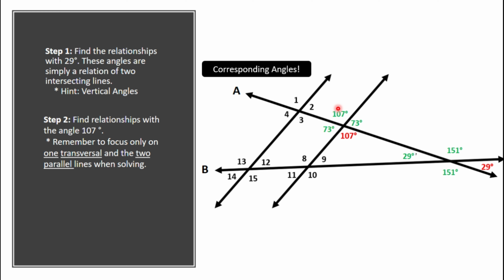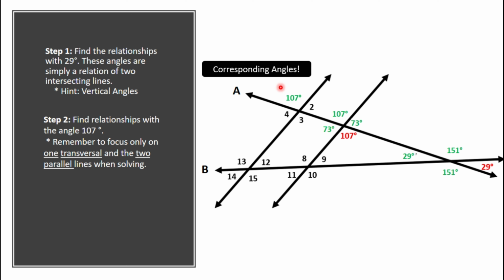If you know the relationship between both of these angles, they have to have the same degrees because they're congruent angles. So we can go ahead and replace each one of these angles with the degree that matches their position. Angle 1 and this angle over here are in the same position, so 107 degrees can be replaced with angle 1.